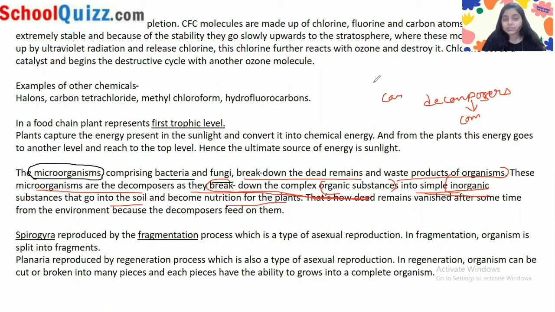See, what is the cycle here? Suppose any animal is dead here. Suppose the deer is dead. After some time, the decomposers feed on them, and their body goes back into the environment, back into the soil.